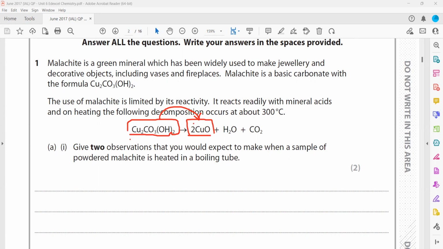And the second thing you can see, water is also given off, and we are supplying heat energy at temperatures above 300, so it won't produce water in a liquid state. It will produce water vapors. So we can say a color change, producing a black solid because copper oxide is black.